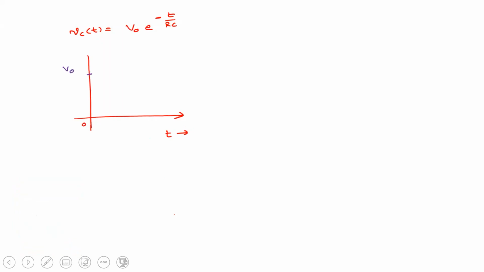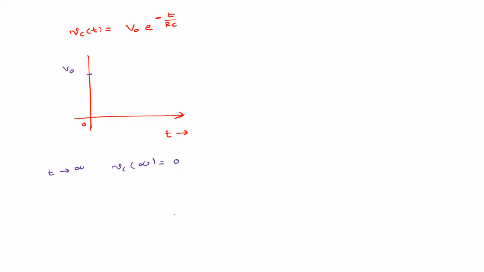What is the final value of this curve? Calculate it by substituting t equal to infinity. Vc of infinity is 0, because e to the power of minus infinity is 0. So how will it vary? It is an exponential decay, decreasing.